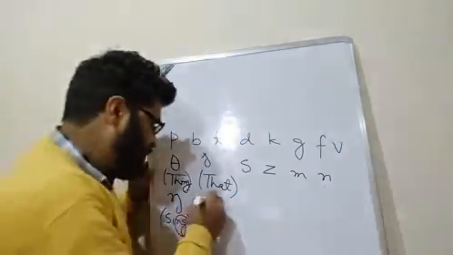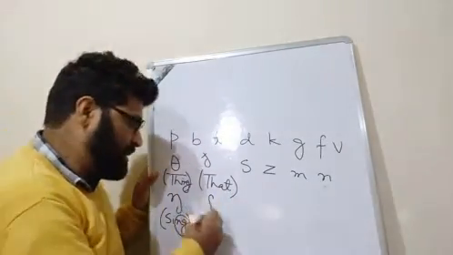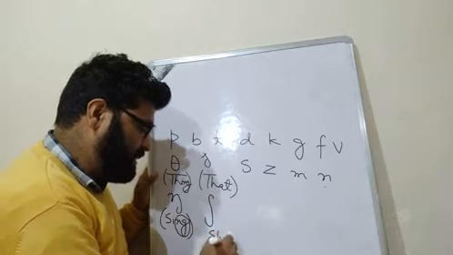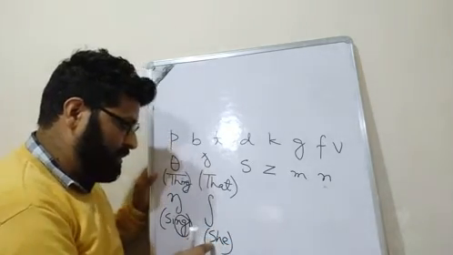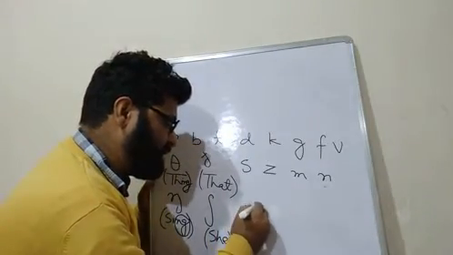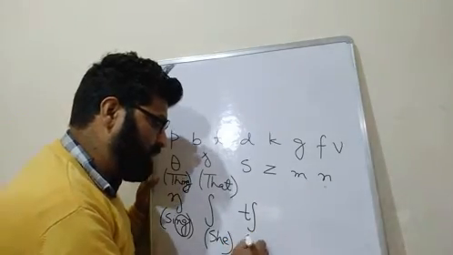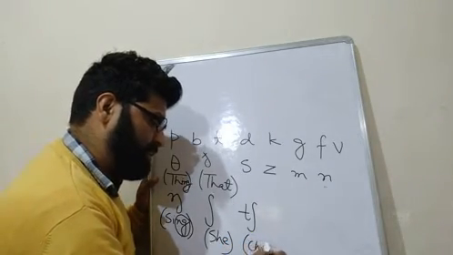Then this is sure. For example, S-H-E, she. The sure sound. And this is ch. For example, chain.